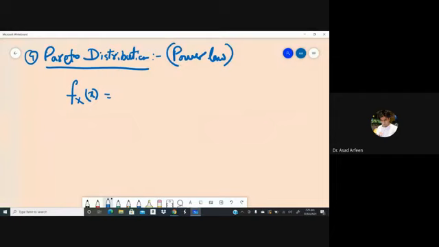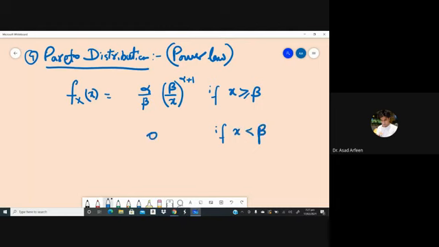The density is alpha over beta, beta over x to the power alpha plus 1, if x is greater than beta, and if x is less than beta, the density is 0.